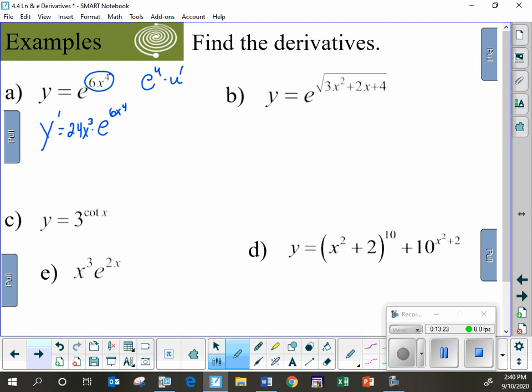For b, I think my first step would be to rewrite this as a 1/2 power. Okay, so my whole u is right there, and the derivative of e to the u is e to the u, so it will look like the original.